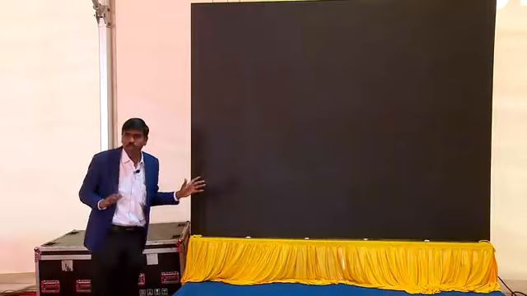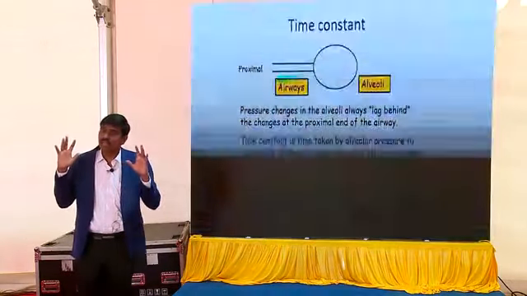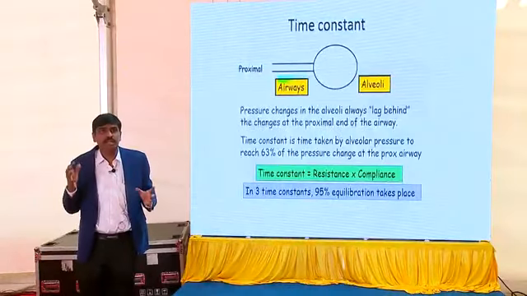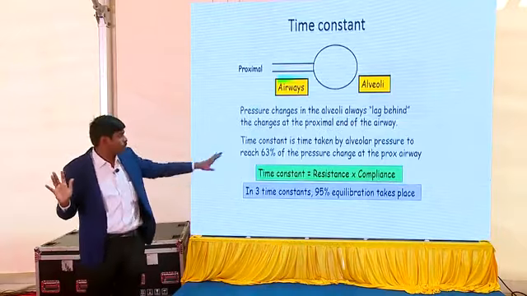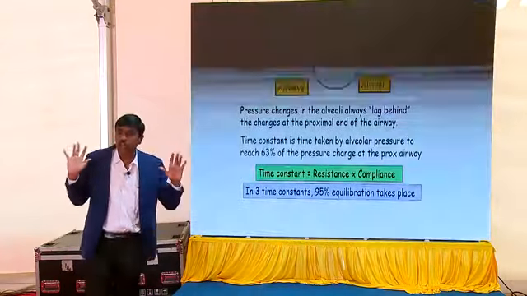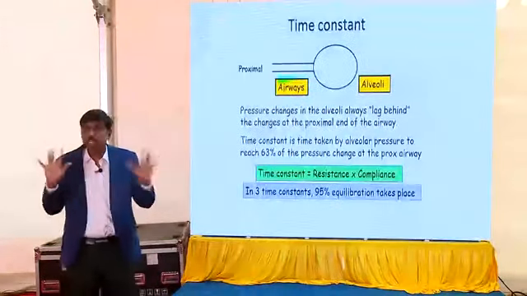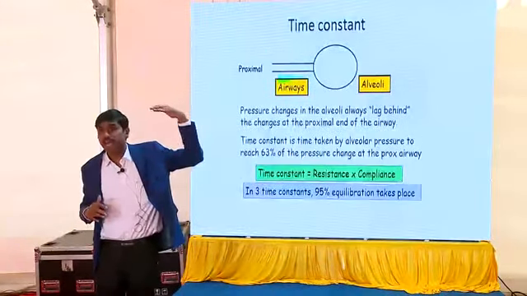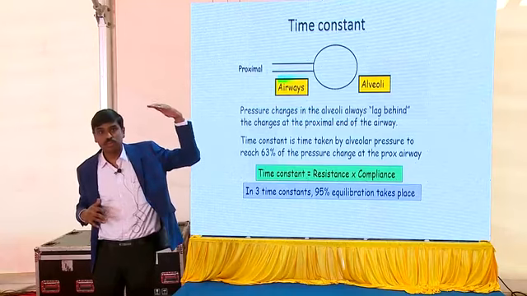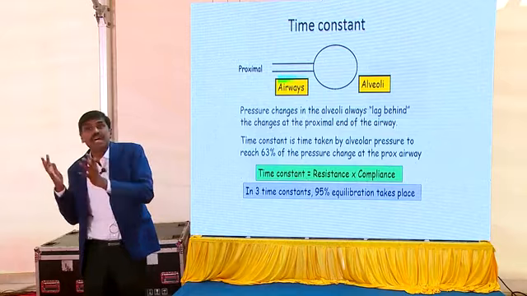Next, coming to the concept of time constant. Now all these are little complicated jargons, but ultimately a few take-homes here will tell you what you're going to do. The formula for time constant is resistance into compliance, and there's a lot of definition about that, but in simple terms, time constant is the time needed for the gas to go from atmospheric pressure to equalize with the alveolar pressure.